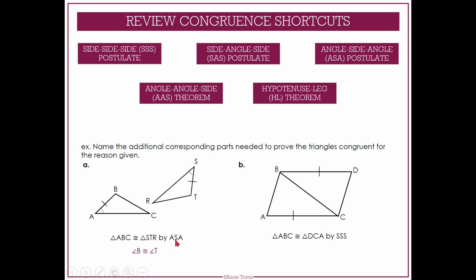So if this is going to be ASA, I need an angle, a side, and then the angle on the other part of that line to prove that these two would be congruent. So if that's the case, for this next triangle we're trying to prove that these are congruent by SSS. So things I do know, I see that these both share two letters. They share C right here, and they also share.